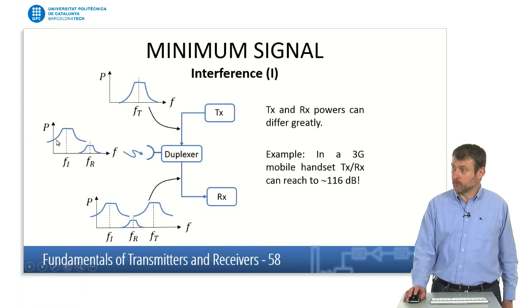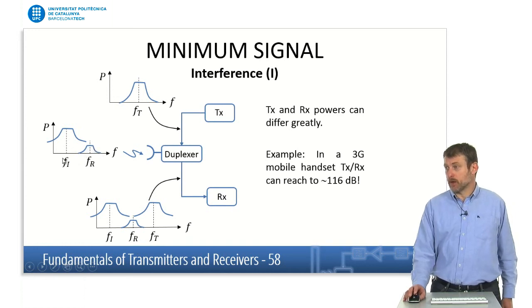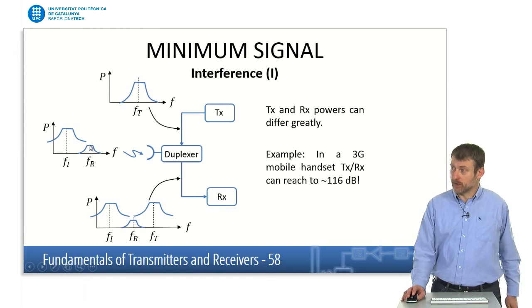The received signal may be picked up by the antenna, and it has a given spectrum, which might be threatened by an interfering signal also coming from the antenna. Of course, the minimum power of the signal has to be high enough to overcome the interference.